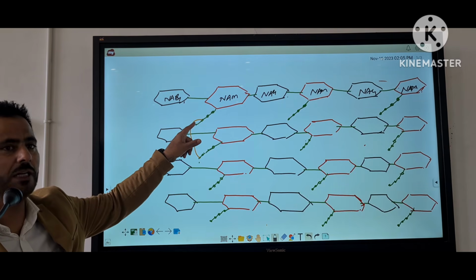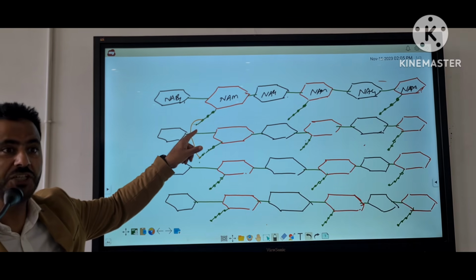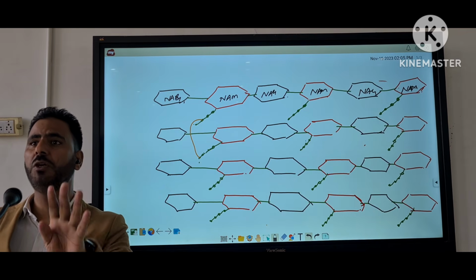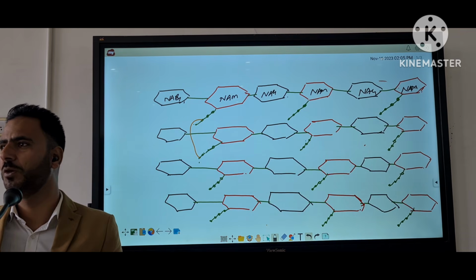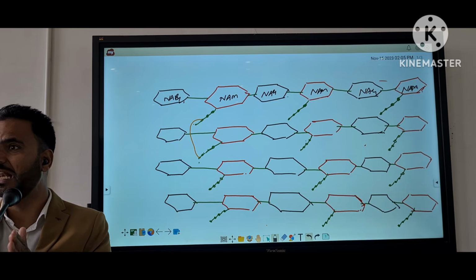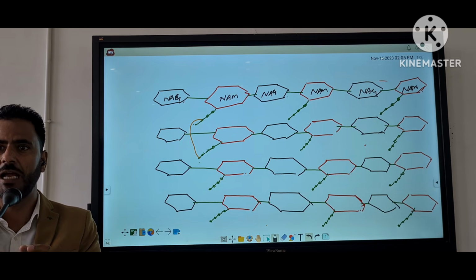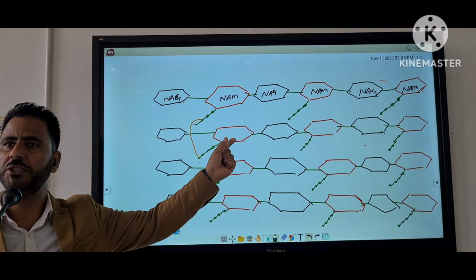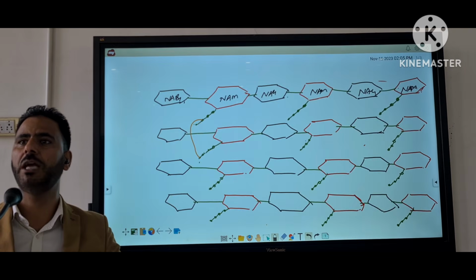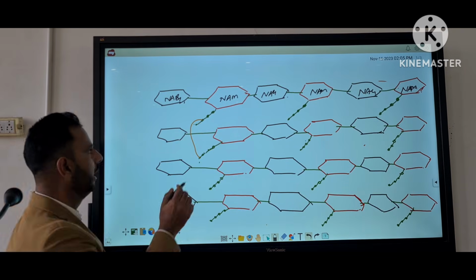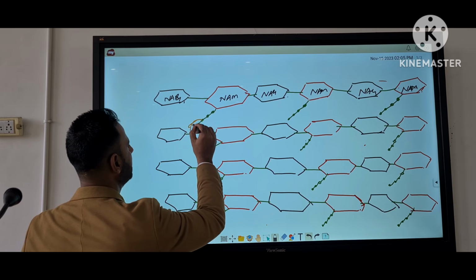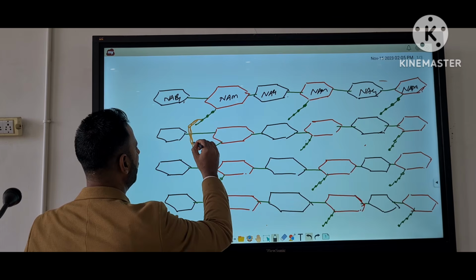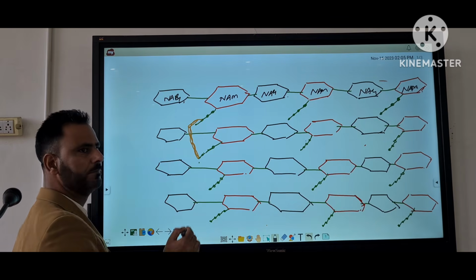There is formation of a bridge, and this bridge is formed by 5 glycine residues. 5 glycine residues will come and connect the 3rd amino acid of one chain with the 4th amino acid of the second chain. It means here we have glycine 1, 2, 3, 4, and 5.